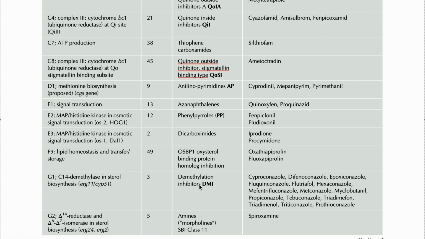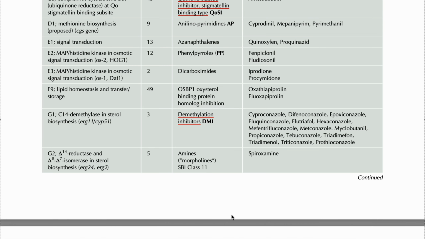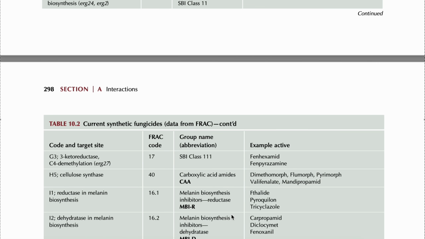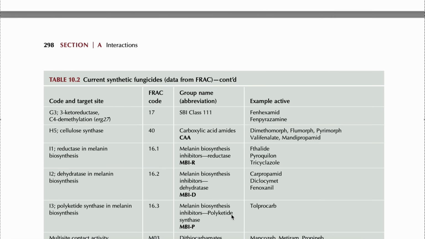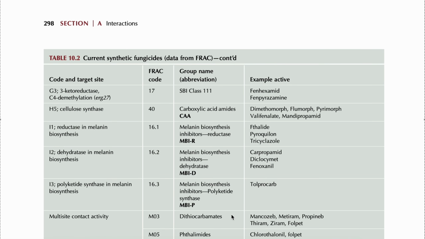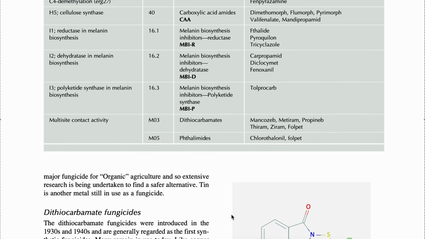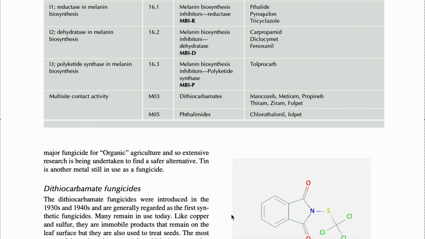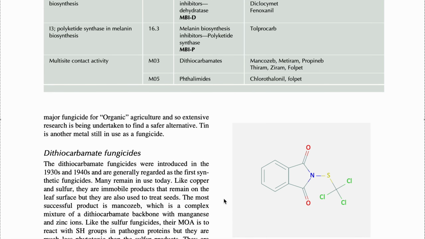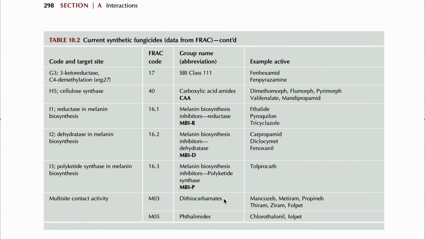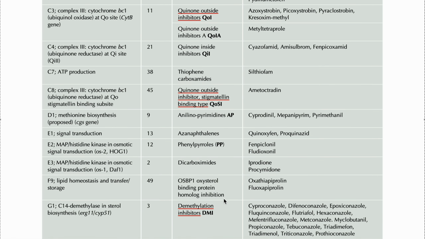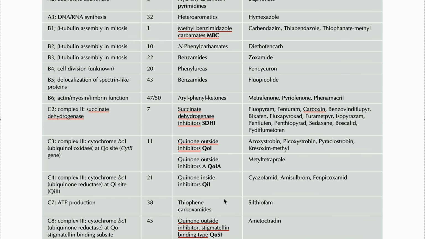So that is demethylation inhibitors that I already mentioned. And then there are various groups. Just see it through with their examples and target sites. In the table they have mentioned all this, but in a complex way. I believe this would have been a bit easier.